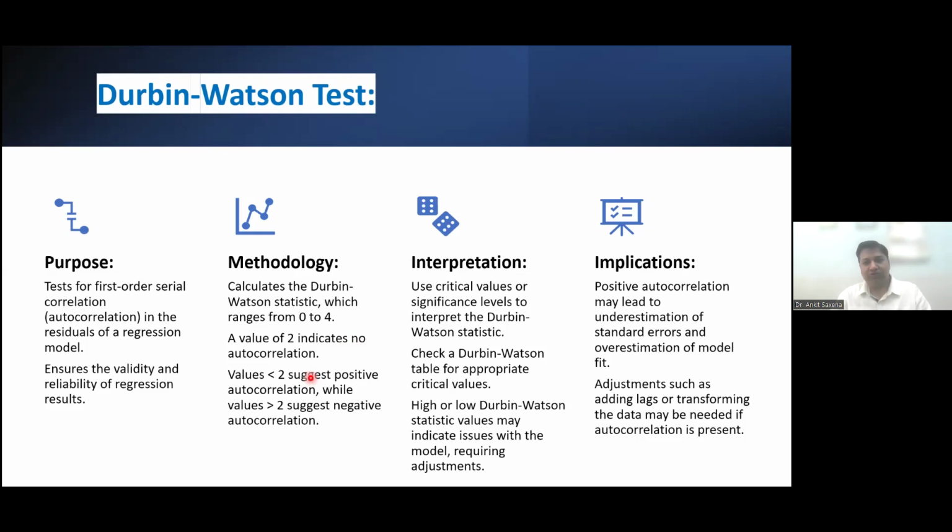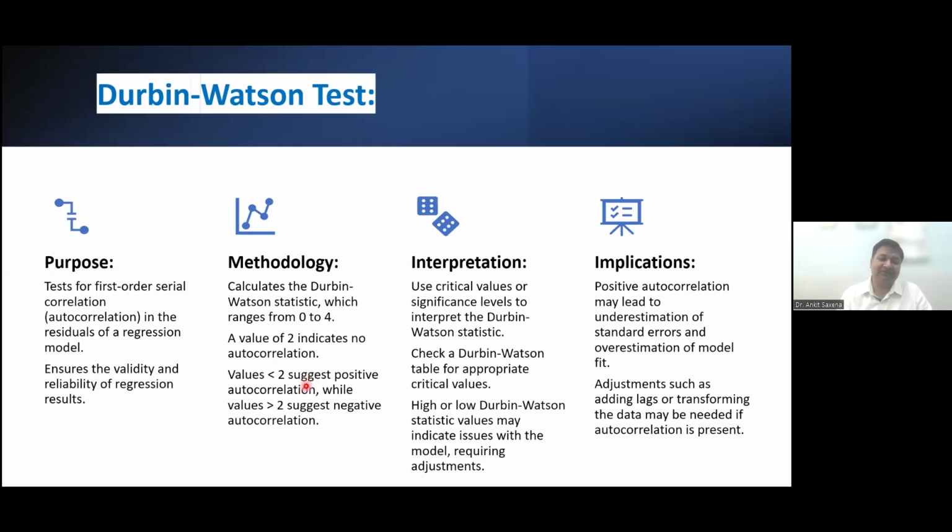A value close to 2 will indicate that there is no autocorrelation. So 2.01 and 1.99 are close to that too. You won't get a perfect 2 every time, but if you're getting something near 2, that tells you that your residuals are not autocorrelated, which is a good thing.